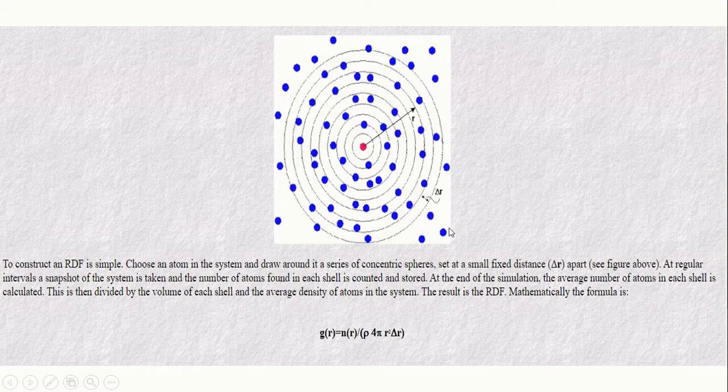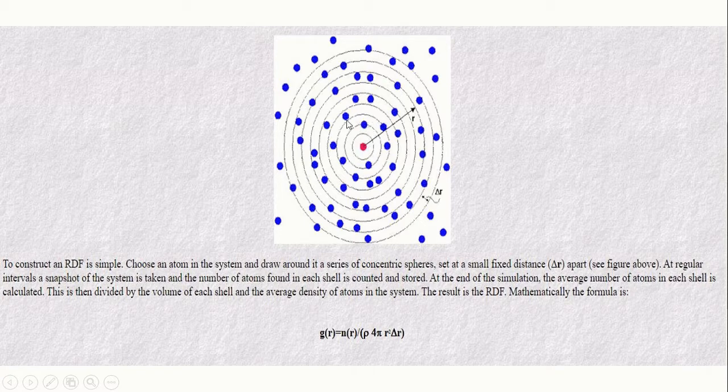Okay, so to construct an RDF is very simple. Let us consider that this is a system containing some number of atoms. What we do is choose an atom in the system and draw a series of concentric spheres around this atom.